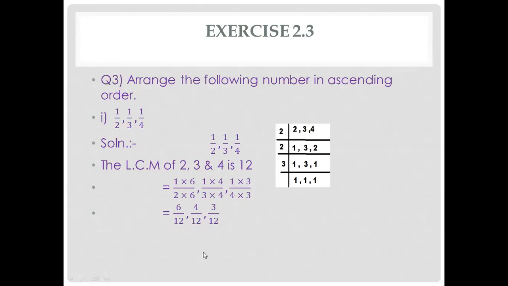So this is the ascending order: 3 over 12, 4 over 12 and 6 over 12. Now we write the ascending order. 3 over 12 we get from 1 over 4. 4 over 12 we get from 1 over 3. 6 over 12 we get from 1 over 2. So this is the ascending order.